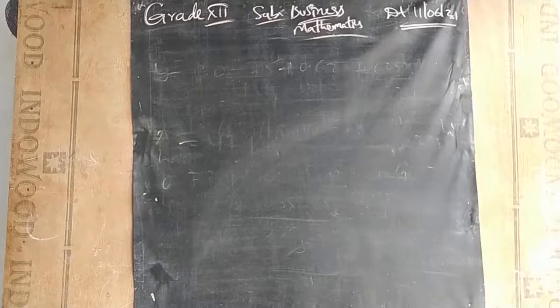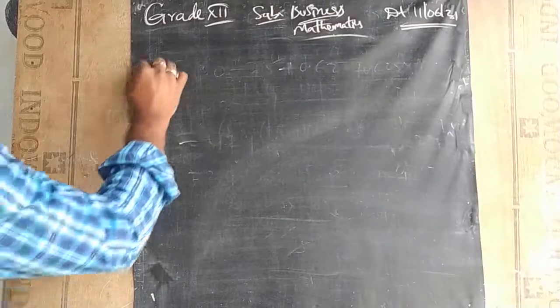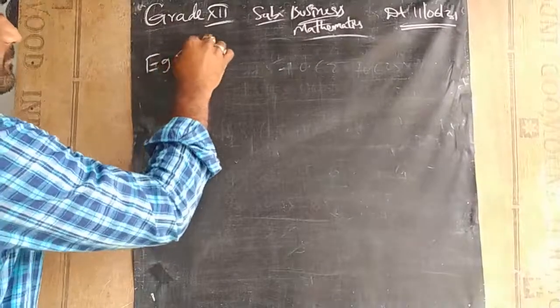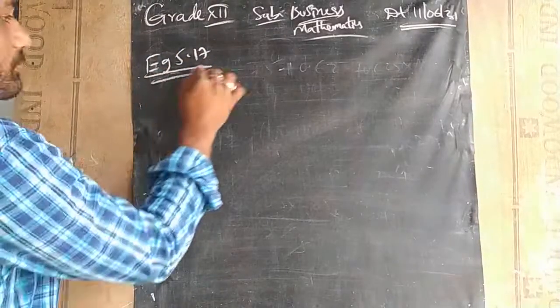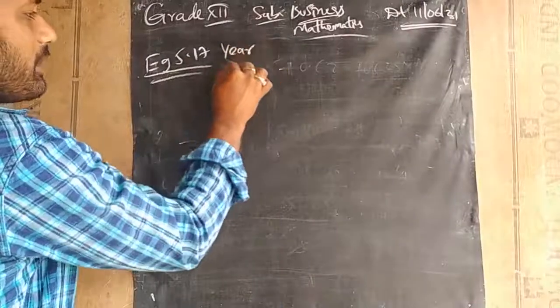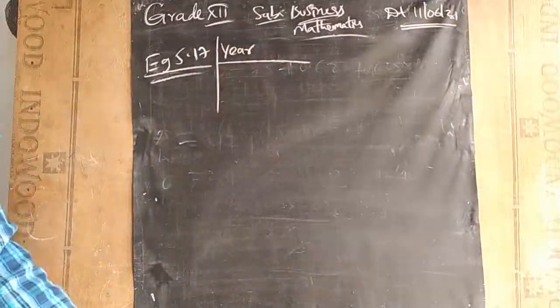Let us take another question. Example 5.17. The population of a town is given here, year and the population.